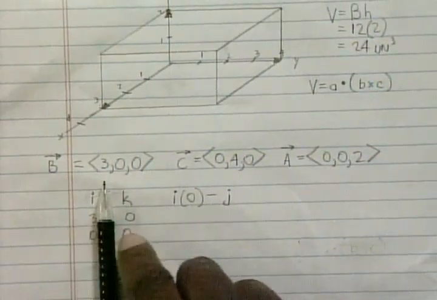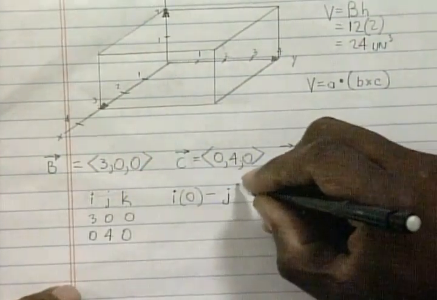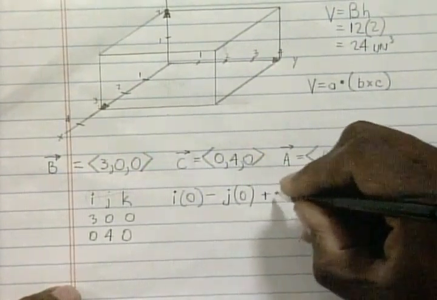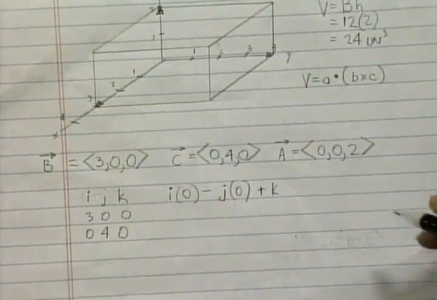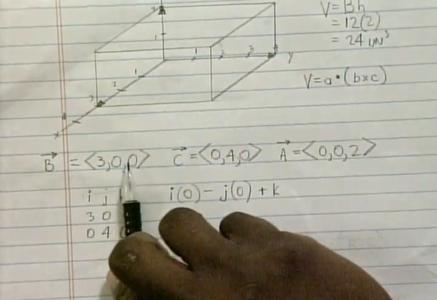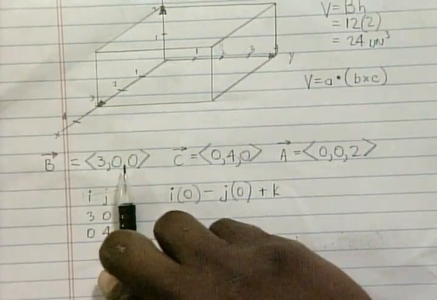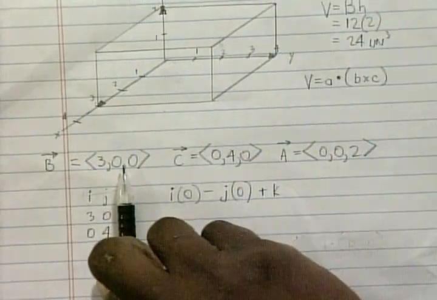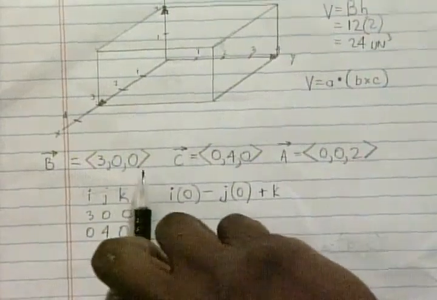You end up with 3 times 0 minus 0 times 0, that's 0, and then plus k times the determinant of the submatrix if you cross out the row where k is located, which will be 12 minus 0.